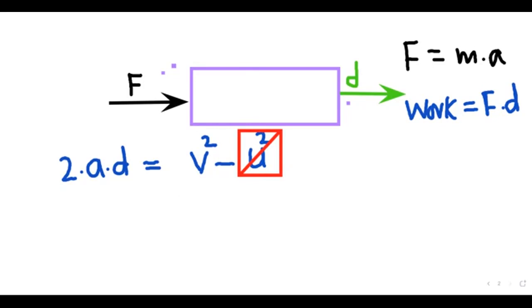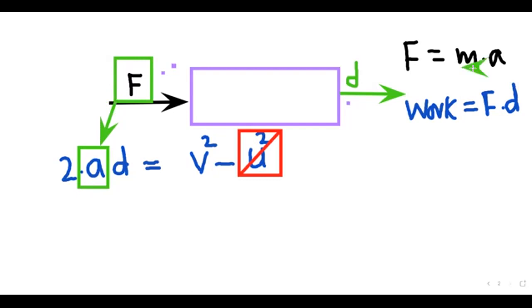Now here is a term which is actually the acceleration of the object. This acceleration is actually produced by this applied force. This force is responsible for this acceleration. So we can replace this acceleration in terms of force. We are going to rearrange this equation.